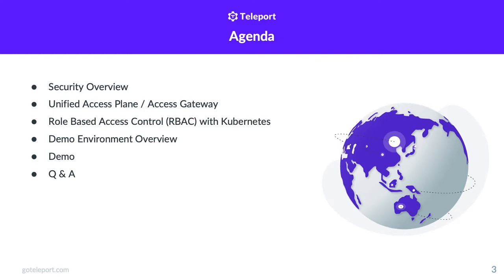I'll next discuss native RBAC capabilities within Kubernetes. Then I'll provide an overview of my demo environment as well as the architecture of Teleport, followed by a demo. And lastly, I will answer any questions that have been added to the Q&A chat.